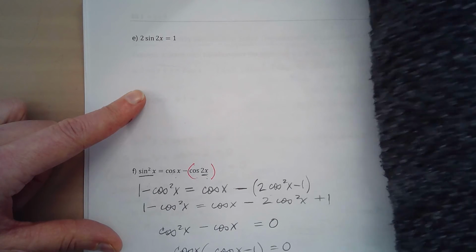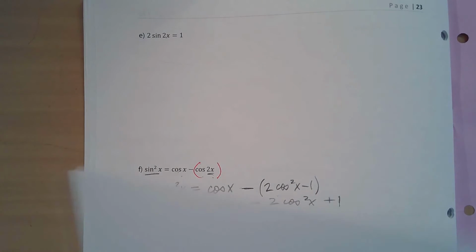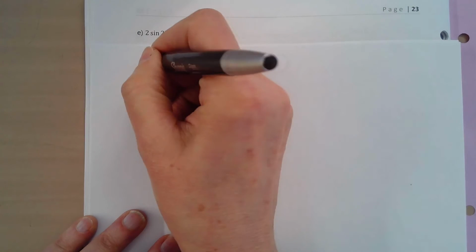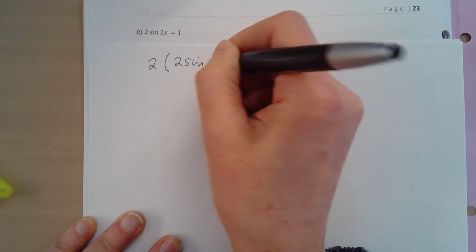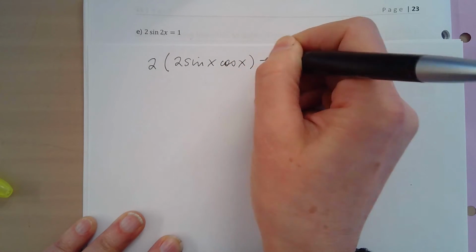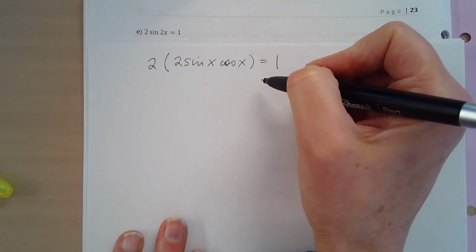I think the only thing you can replace sine 2x with, first of all, there's only one trig function, right? The only thing you can replace sine 2x with is what? That's the problem, right? So you could only replace it with 2 sine x cos x equals 1. So we get rid of the double angle, but we get 2 single angles.